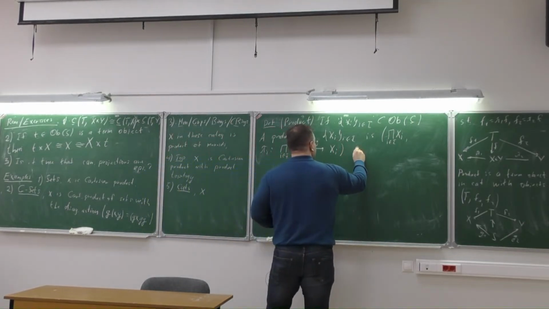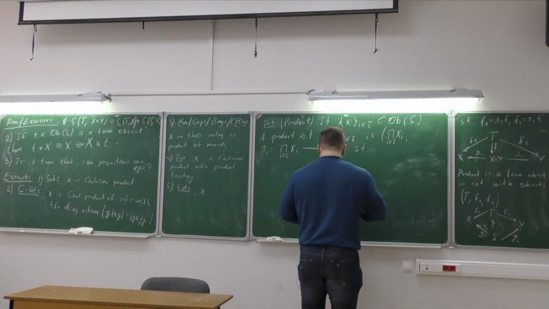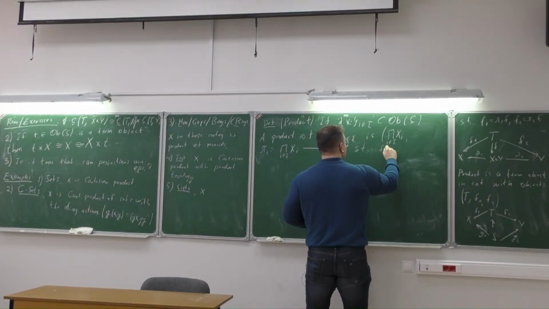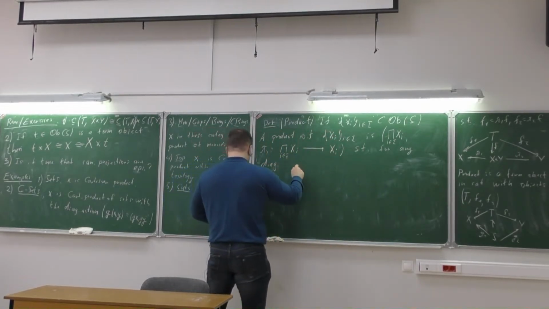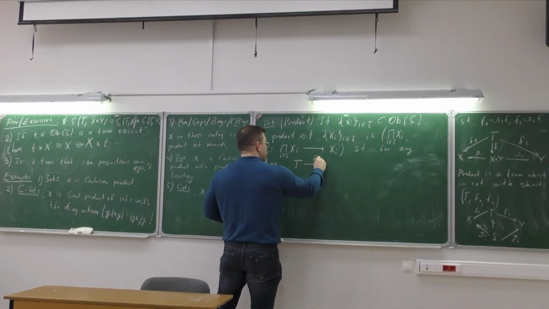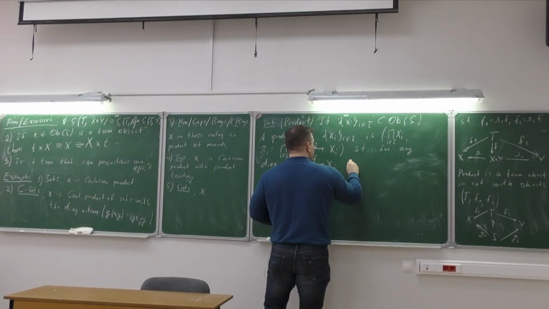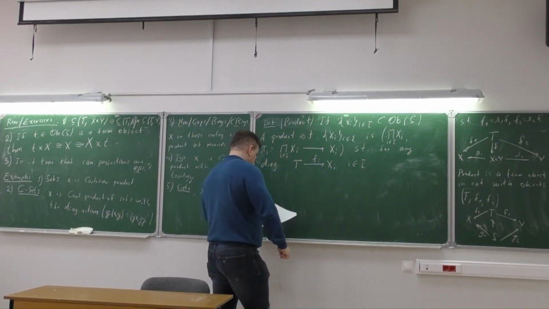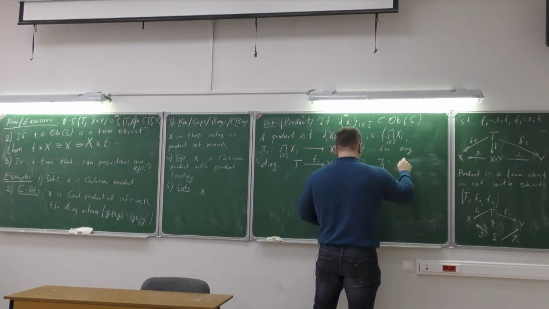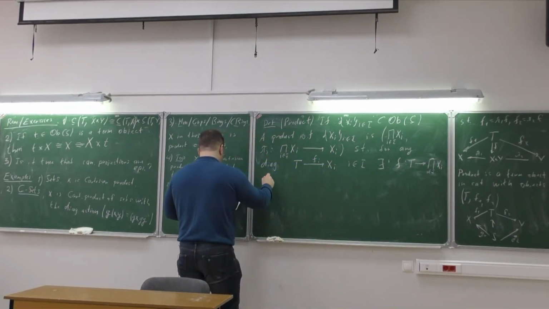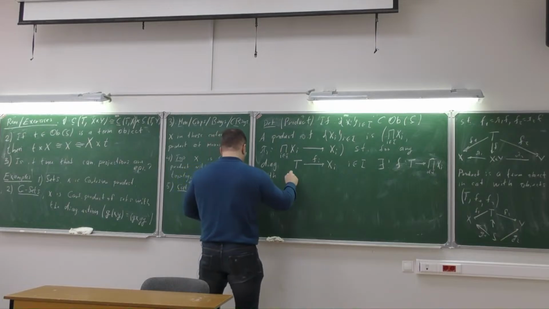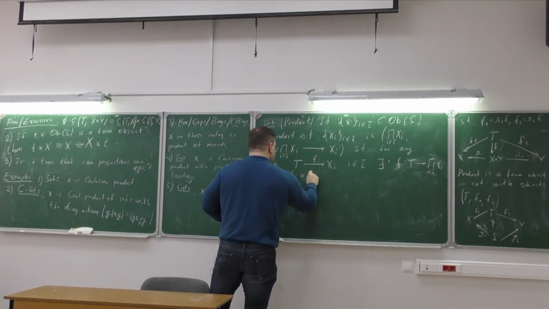Okay, such that for any diagram, so in this case we have a diagram where we have some object T and maps Fi to the xi, given for all indices i in the set large I, there is a unique map F from the object T to the product with the property that Fi is the composition of phi i and F.